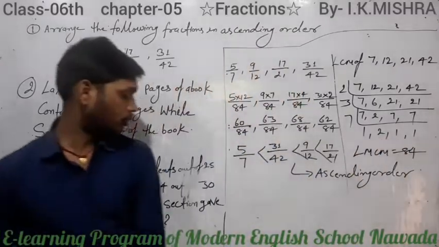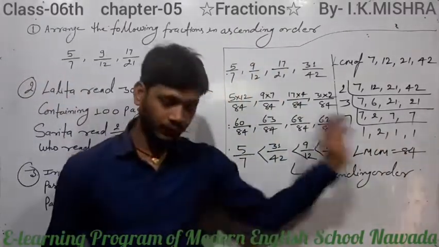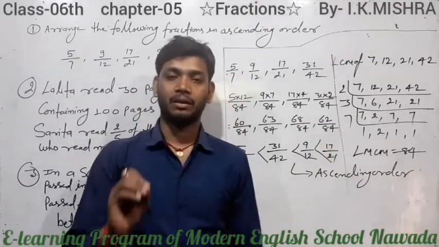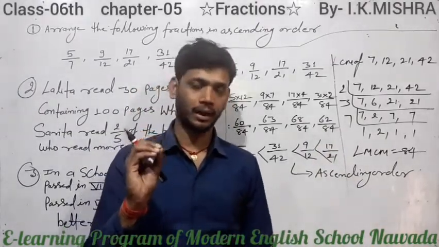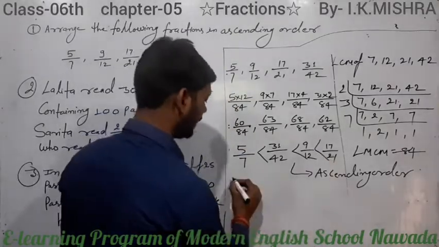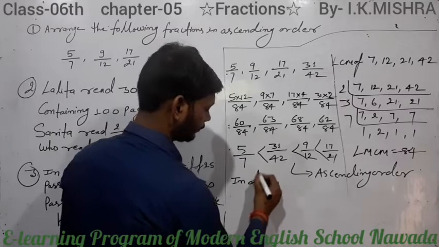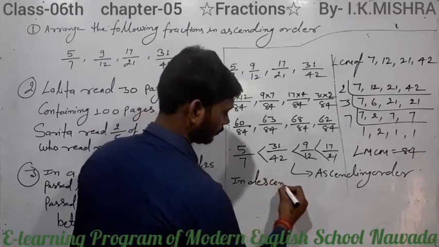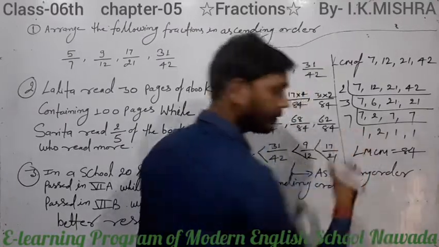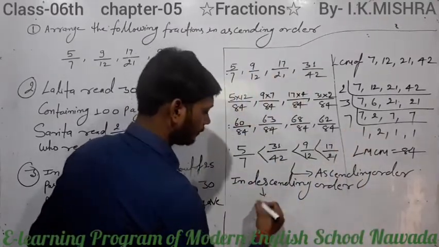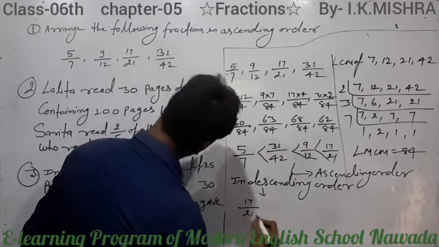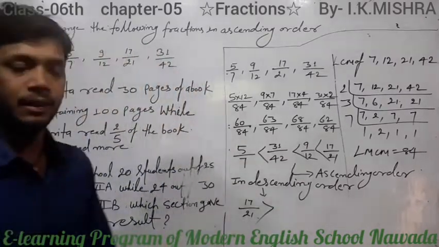Students, when you have to arrange all of these in descending order, first write the largest fraction. Here the largest fraction is 17 by 21, so in descending order first of all write 17 by 21. 17 by 21 is largest.